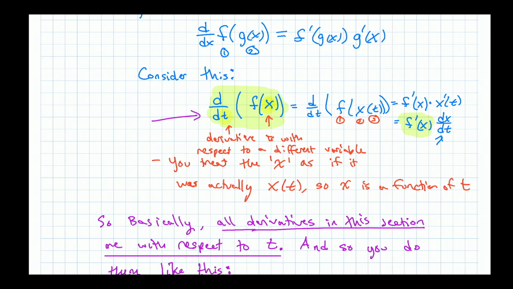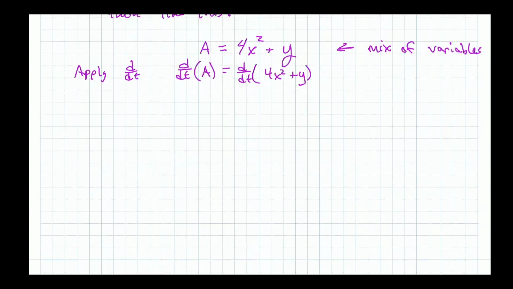And all you're going to do is throw a dx/dt on the end. That's it. Just throw a dx/dt on the end. So whenever you do one of these derivatives, you would just say, okay, if A was a variable, what would the derivative of A be? It would be 1, right? Like the derivative of x is 1. But then for that chain rule part, you multiply by dA/dt.